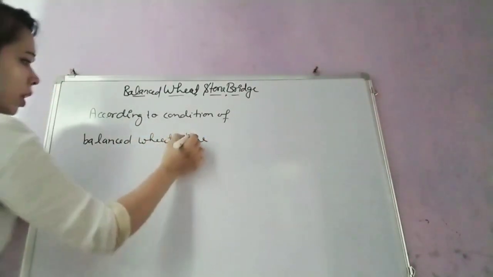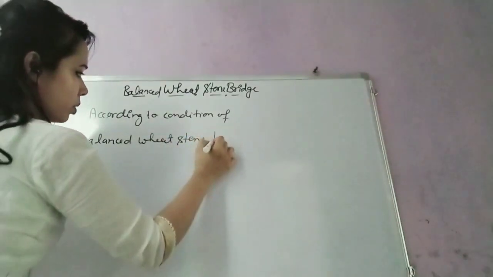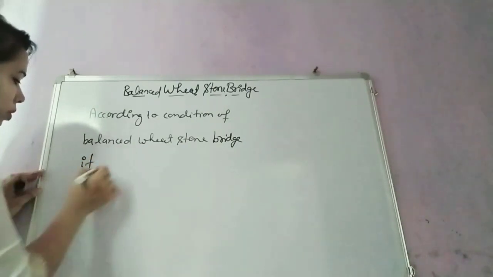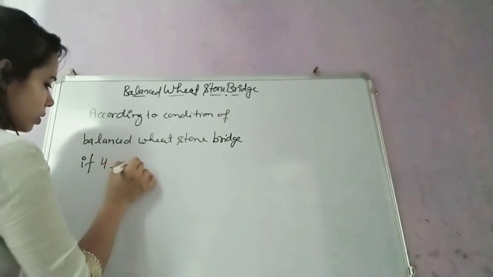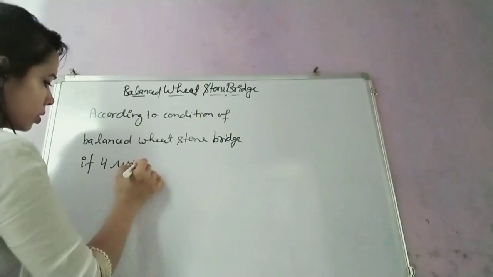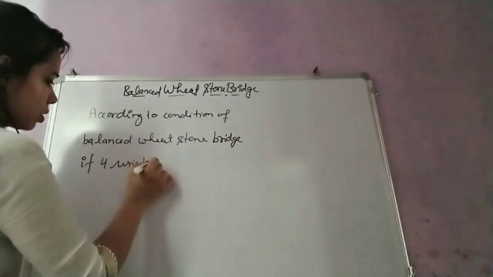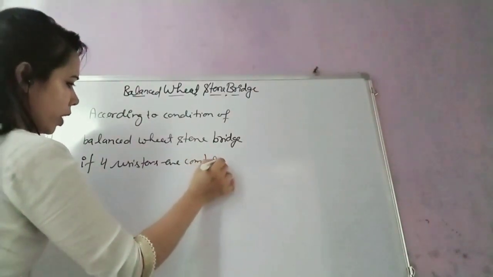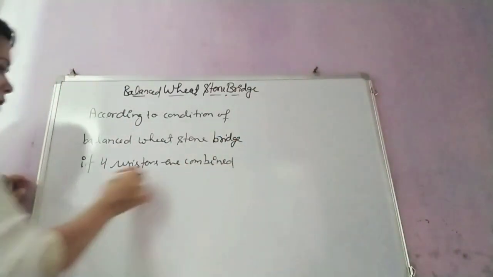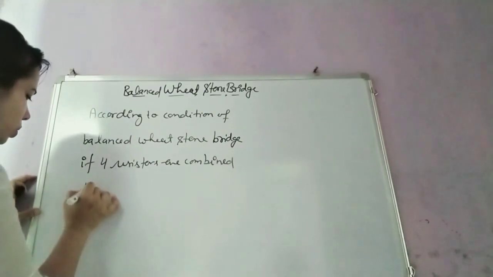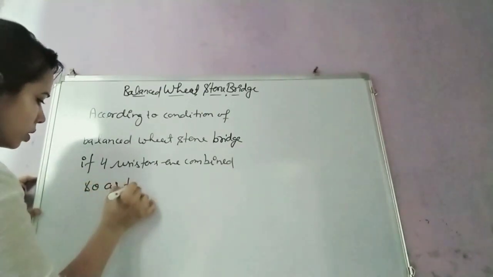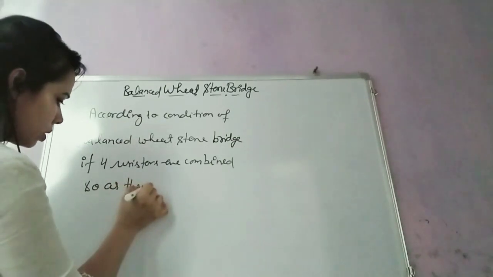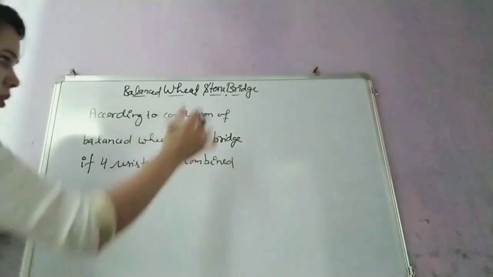First of all you write down, I will explain. Wheatstone bridge: if 4 resistors are combined, 4 or 5 also can be combined, I will explain how, are combined as shown in figure. You can draw the diagram.